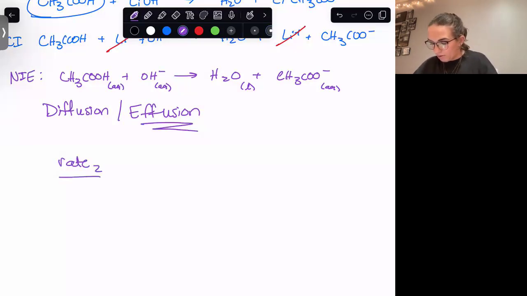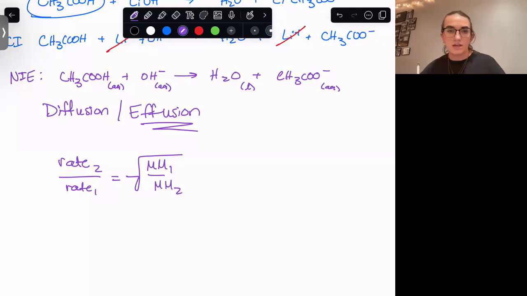We have rate 2 over rate 1 is equal to the square root of molar mass 1 over molar mass 2. The thing to point out here is that it goes 2, 1, 1, 2 as you go across, so these match up here and these match up here. This one is given to you on your formula sheet. It's not something you need to memorize.